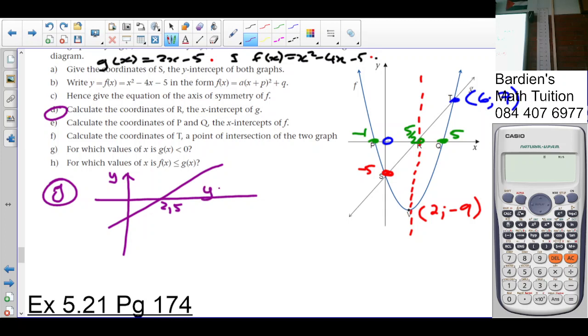So if y is equal to 0, and they say less than 0, that means it's below the line. As you can see, at 2.5 it is equal to 0, and less than 0 is this part of the graph, which means x must be less than 2.5 or 5 over 2.